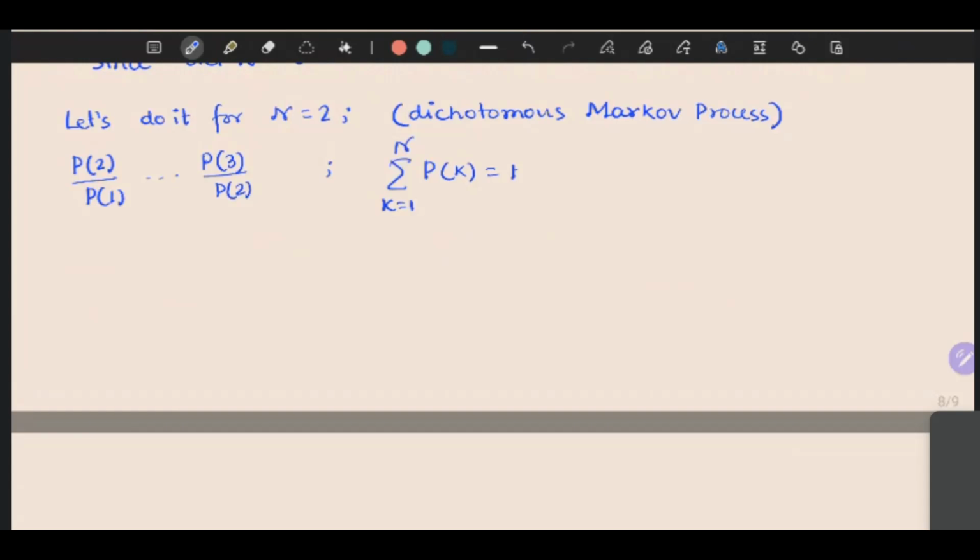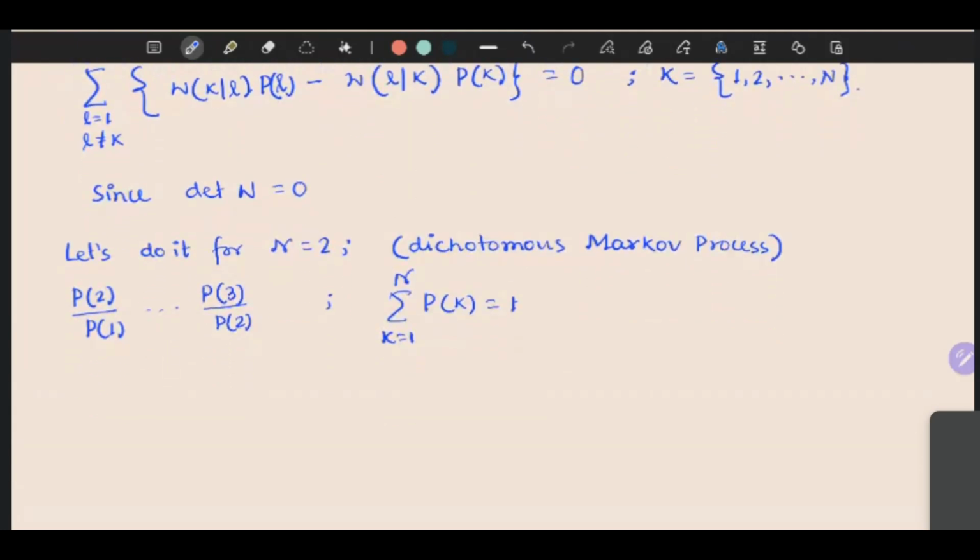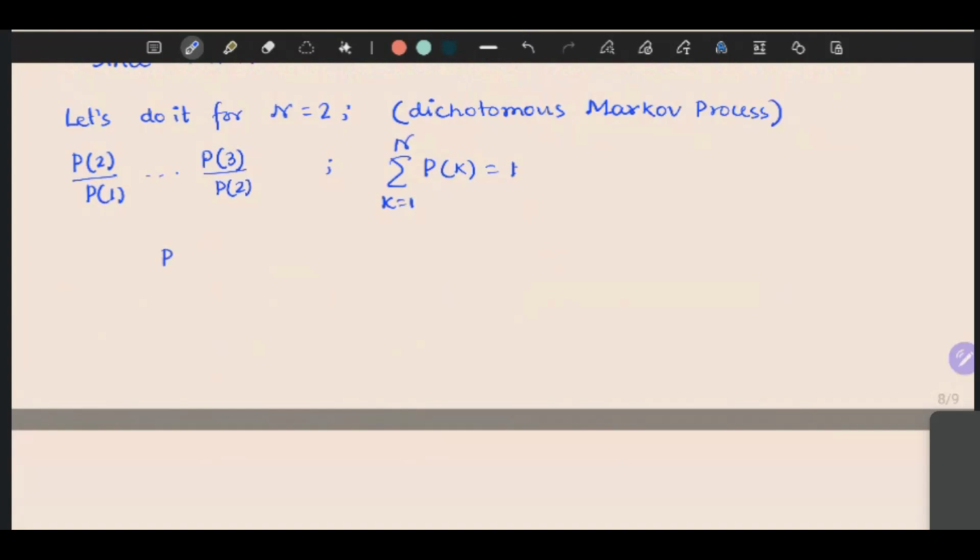Okay, so now let's take this thing. Basically you now get two things: P1 by P2 is W12 and W21 from that equation, and P of 1 plus P of 2 is 1.